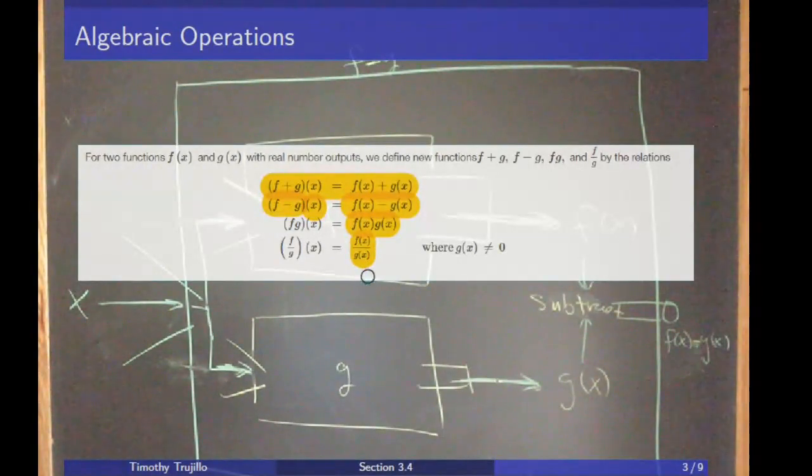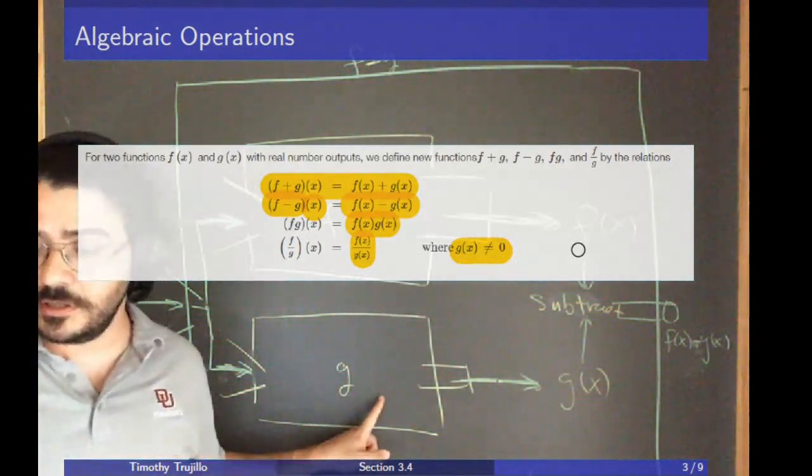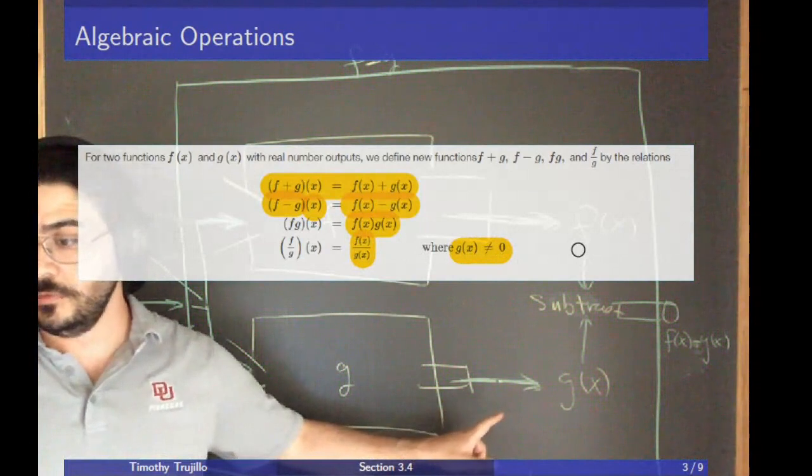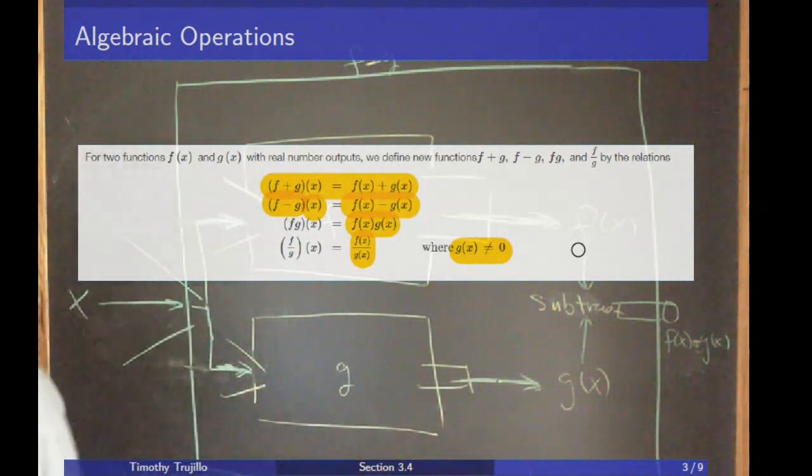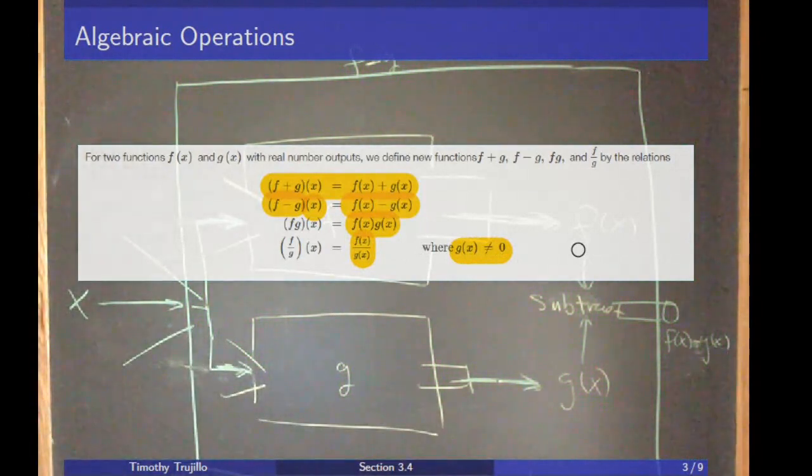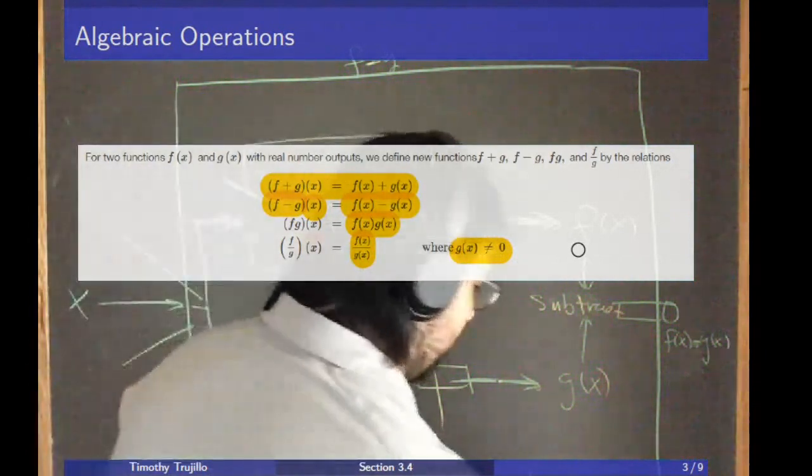The only thing that you have to be worried about in the case of multiplication and division is that you don't divide by 0. So you have to be sure that whatever you get from this g of x output here is not 0 when you're trying to produce the function that does the division.